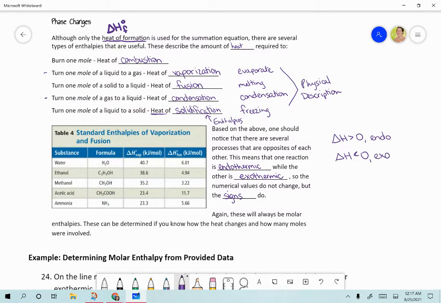If we think of particle motion and how much energy my particles have, my solid particles are packed tightly together and are just vibrating. When I move to the liquid phase, my particles will flow. And then when I move to the gas phase, they actually are moving rapidly in random motion and filling up the entire volume of their container.